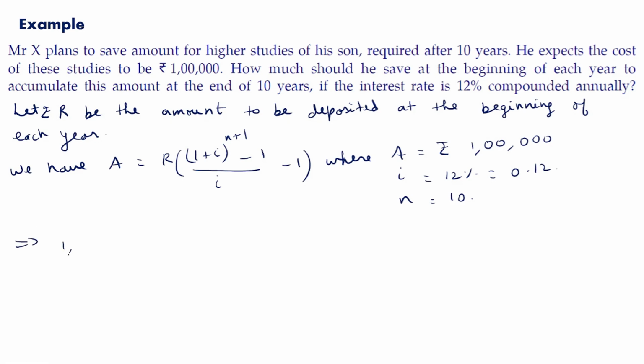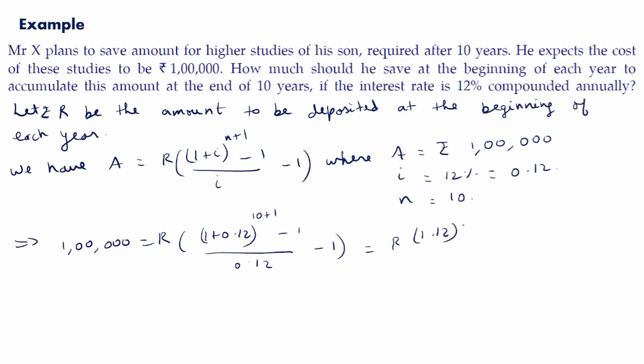So this implies 1 lakh is equal to R into [(1+0.12)^(10+1) − 1]/0.12 − 1. So this is equal to R into [1.12^11 − 1]/0.12 − 1. Now usually in the question, the value for 1.12 to the power 11 will be given.